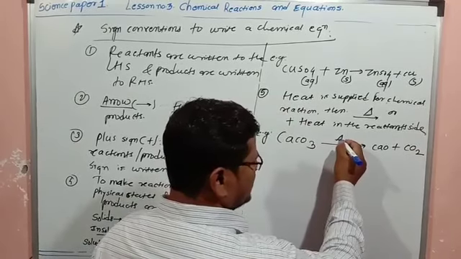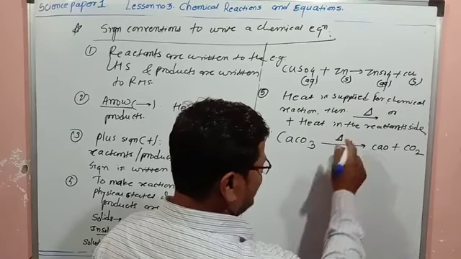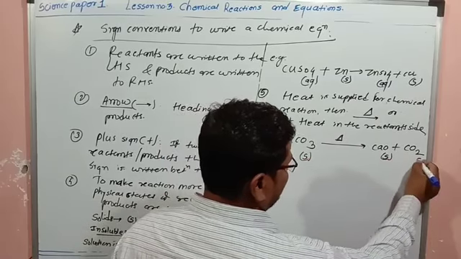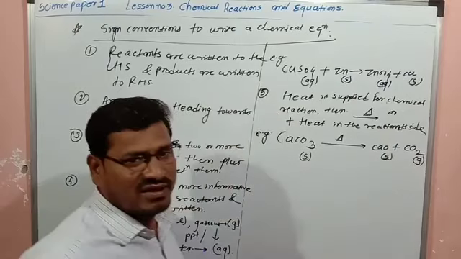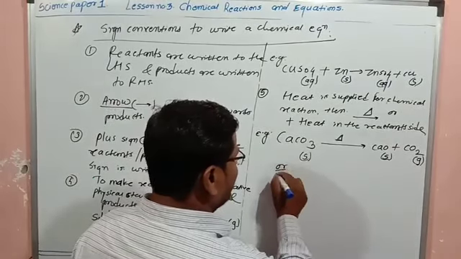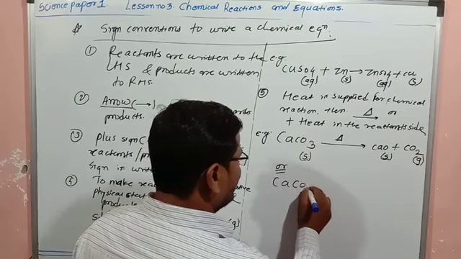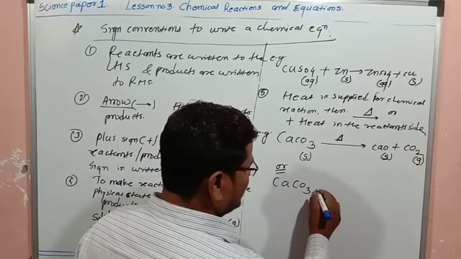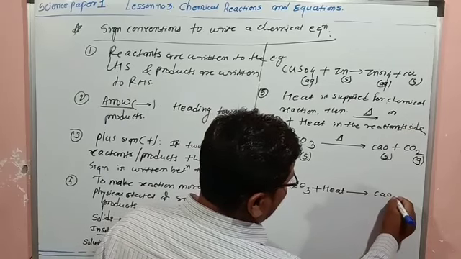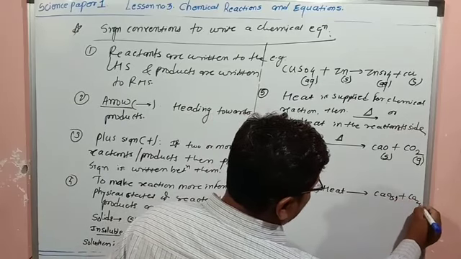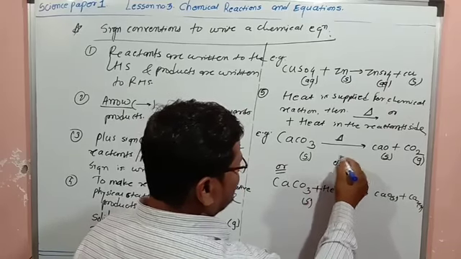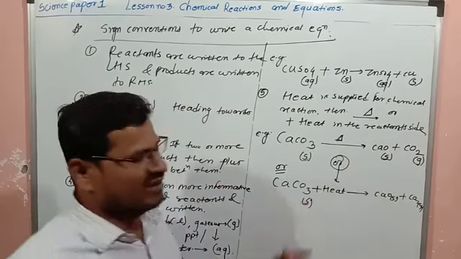Here the delta sign is written, this one is solid state, this one is also solid state, and this one is in gaseous state. Or you can write it this way: calcium carbonate, limestone powder, plus heat, gives CaO solid plus CO2 gas. So there are these two ways to write the heat.